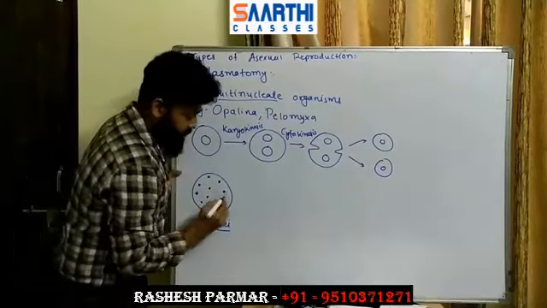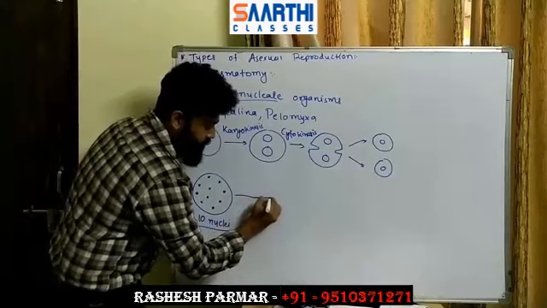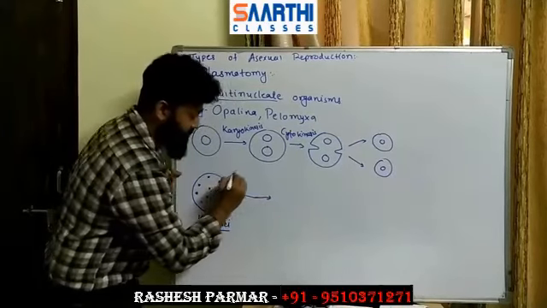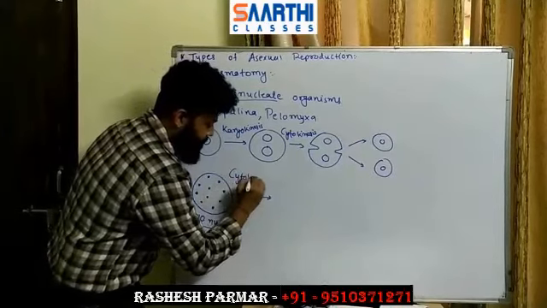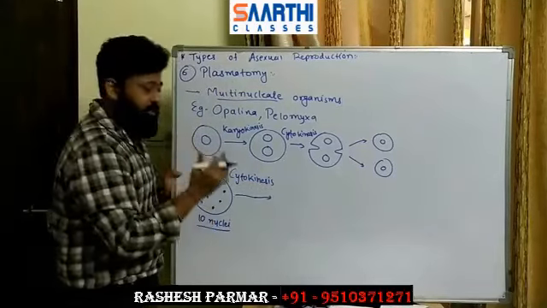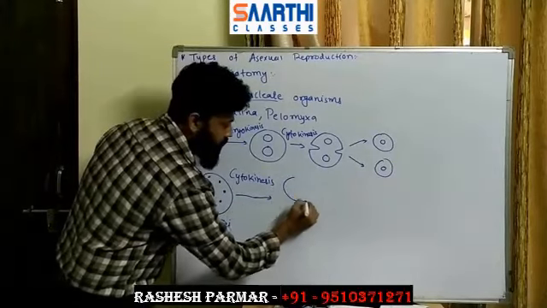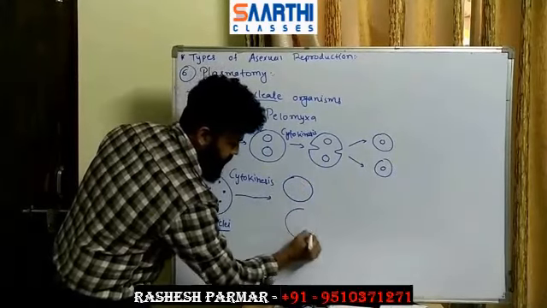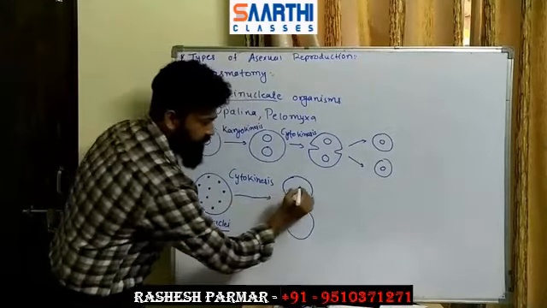This organism will first undergo cytokinesis, meaning it will divide into two cells with 5 nuclei each.